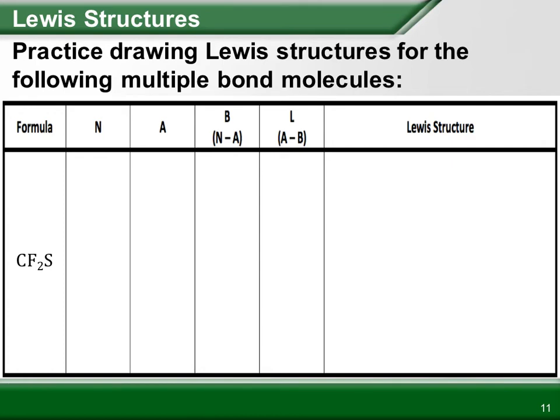If I was just to predict the shape of this, and if I was in class, I'd have you predict the shape of it, more than likely you would have drawn this structure. You're not writing this, by the way.